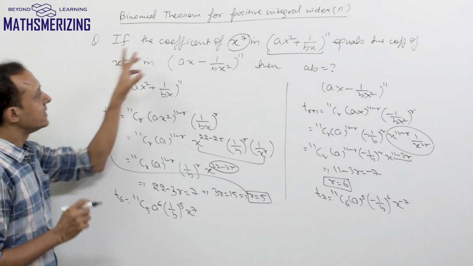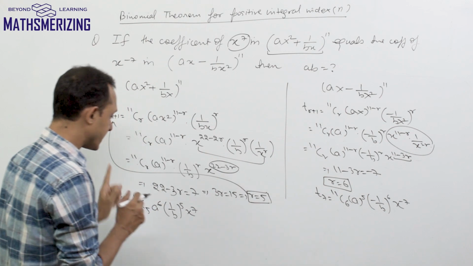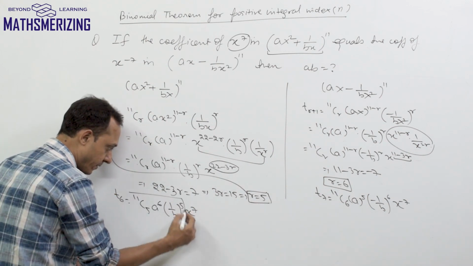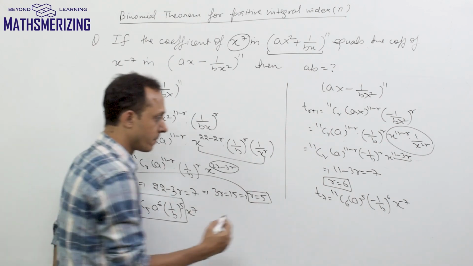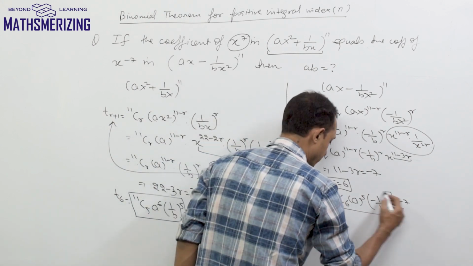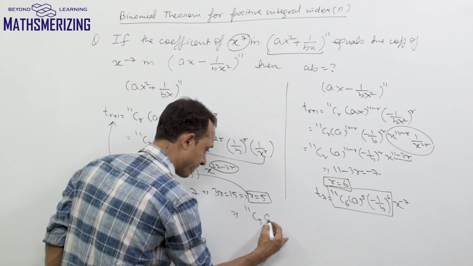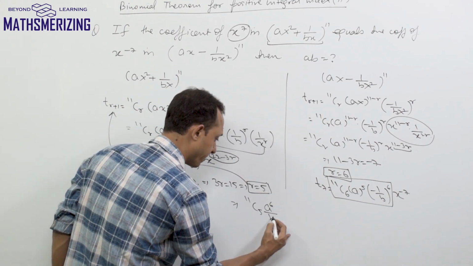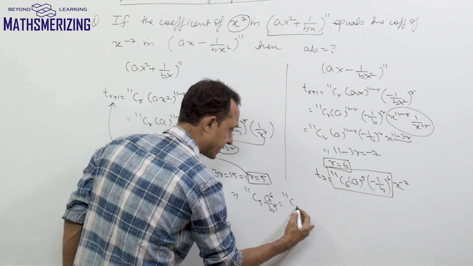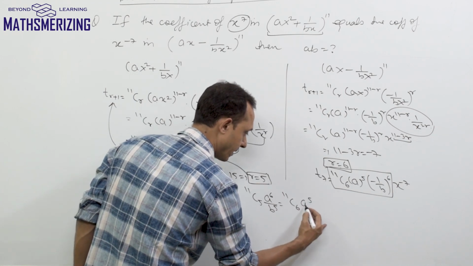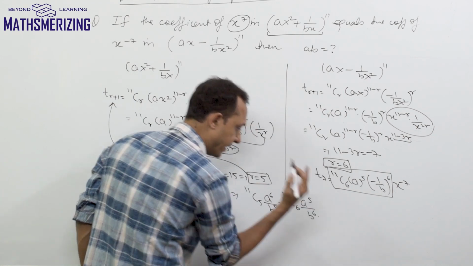Now the question says these two coefficients are equal. So I'll just need to take the coefficients. This is my coefficient from the left, and that's my coefficient from the right. So I'll equate them. I can write 11C5 a to the power 6 upon b to the power 5, and this is 11C6 a to the power 5 upon b to the power 6.